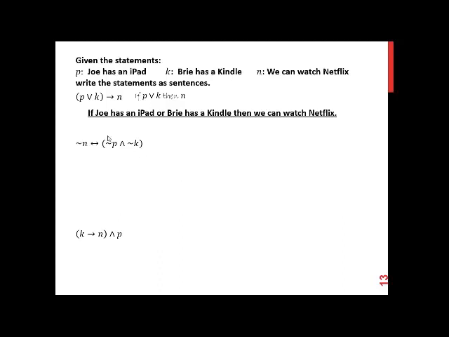Notice that all of the Joe or Bree is the antecedent. All of that is the if part, and then the consequent is Netflix.